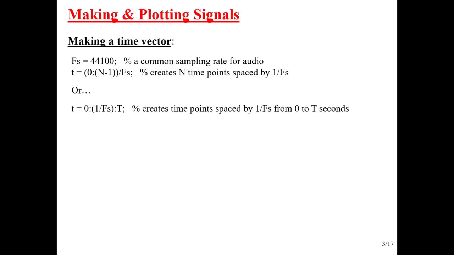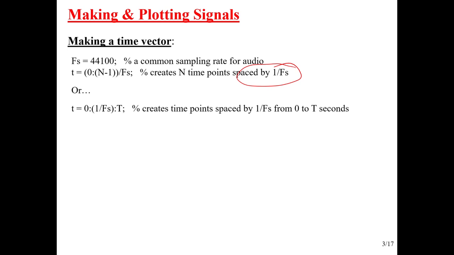So one thing we often want to do is compute a signal at a bunch of different time points. So in the previous note set, we focused on DSP concepts, and we talked about sampling, and we said that we need our signals sampled at a specific rate or at a specific interval, and that interval is 1/fs. So here's two ways that I commonly compute a time vector properly spaced for a given sampling rate.